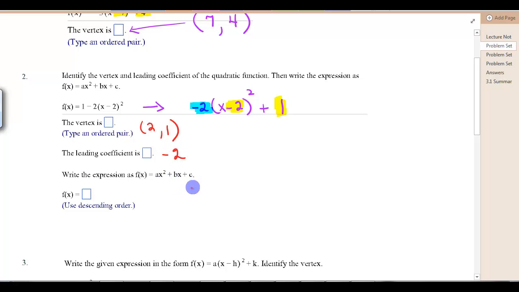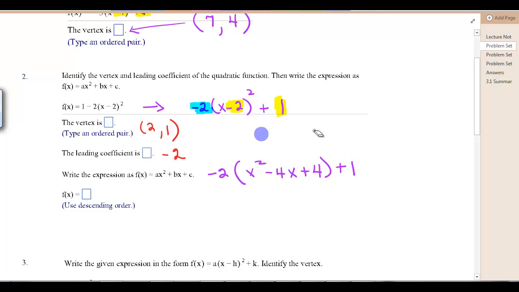Write the expression as ax squared plus bx plus c. So that means I need to kind of expand this. So I'm going to have -2 times, now if I square this, that's x minus 2 times x minus 2. That's x squared minus 4x plus 4, and then I have a plus 1.